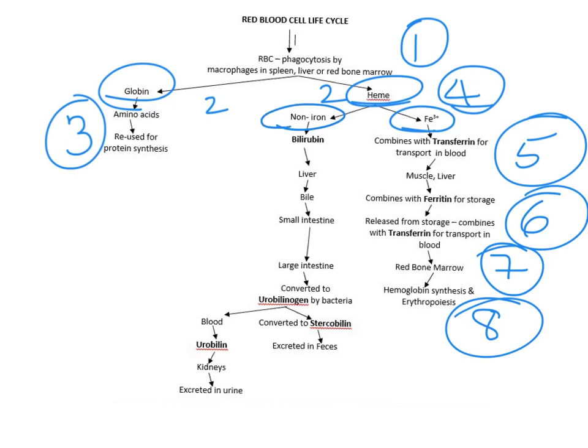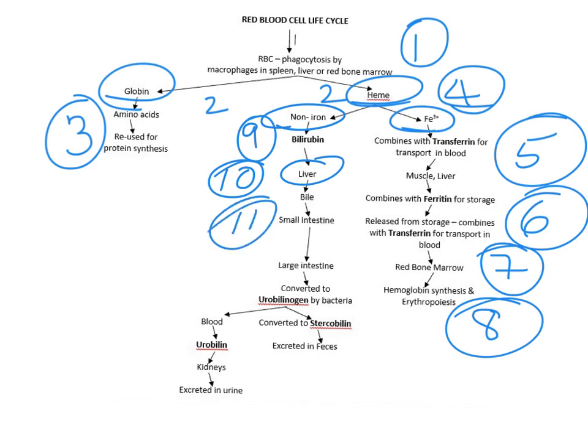Number 9 is that it's going to be converted into bilirubin and then transported into the liver, which is number 10, where it will be released in the form of bile and go to the small intestine.